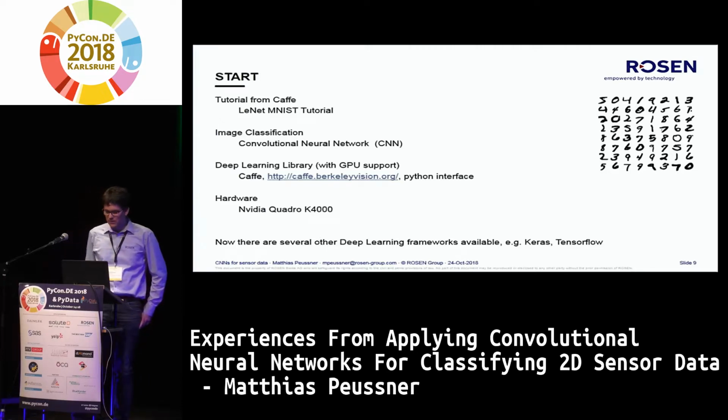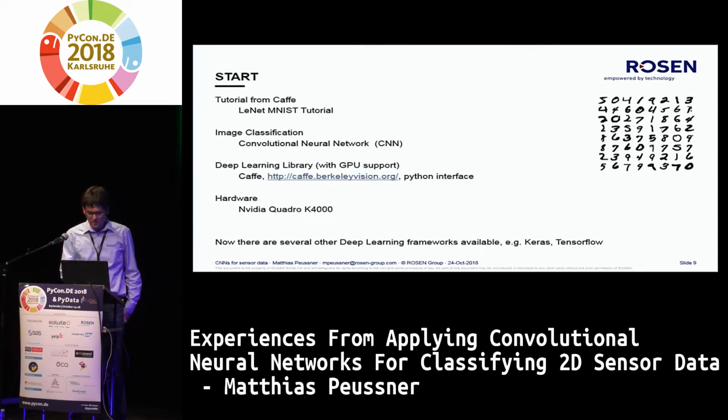It is a convolutional neural network, as it is the workhorse for most of the image data in deep learning. Of course, nowadays there are many other frameworks supporting deep learning, like Keras or TensorFlow, but at that time, I just took the Caffe framework.